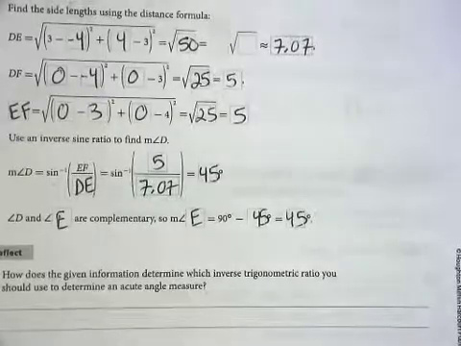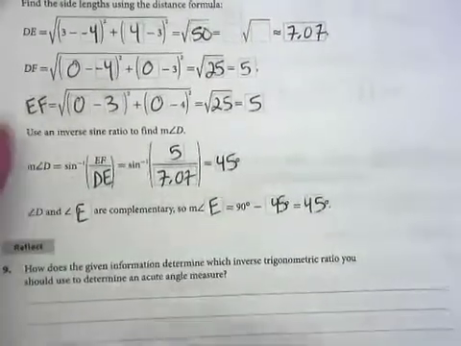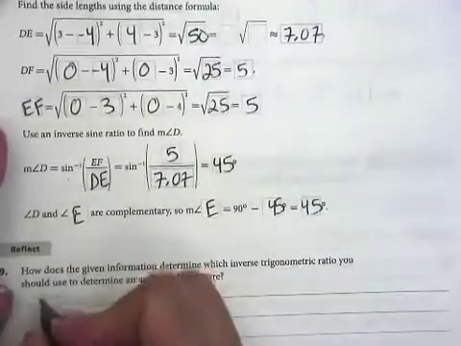How does the given information determine which inverse trig ratio you should use to determine an acute angle measure?